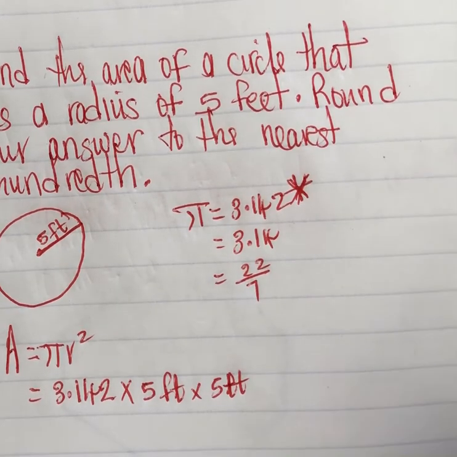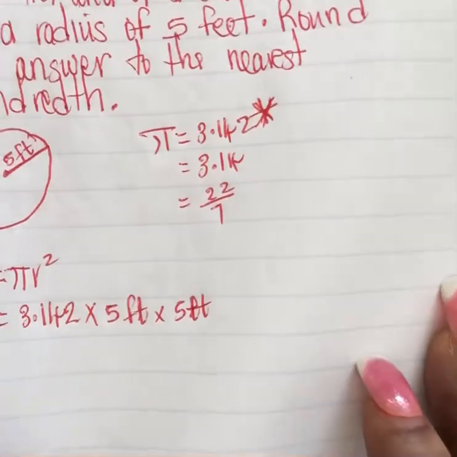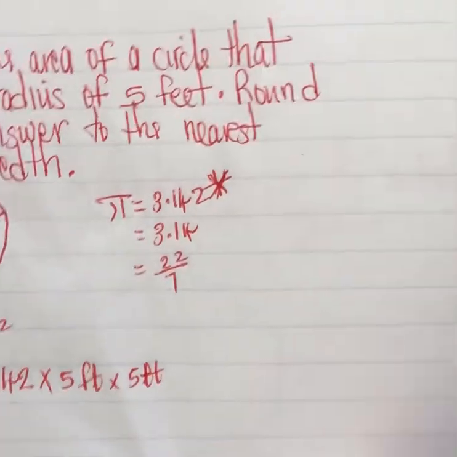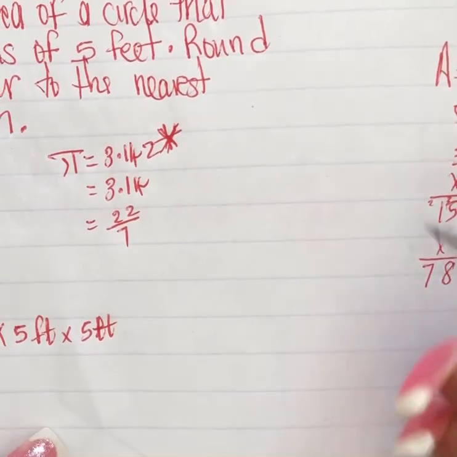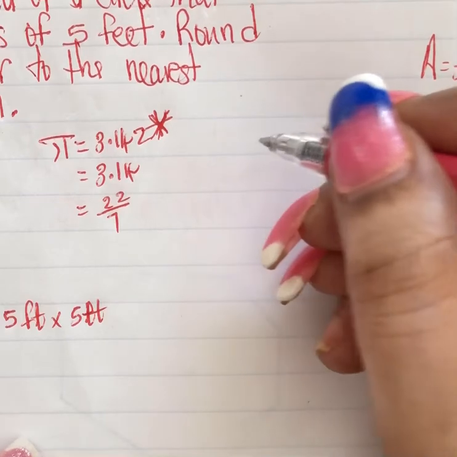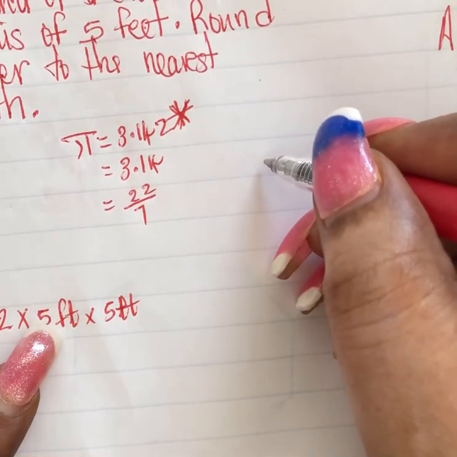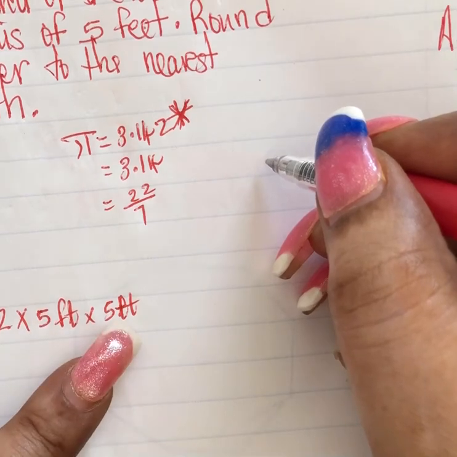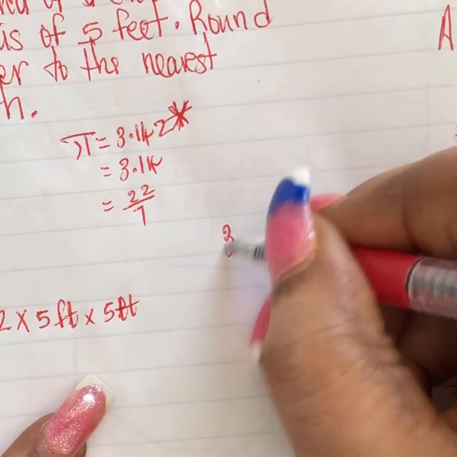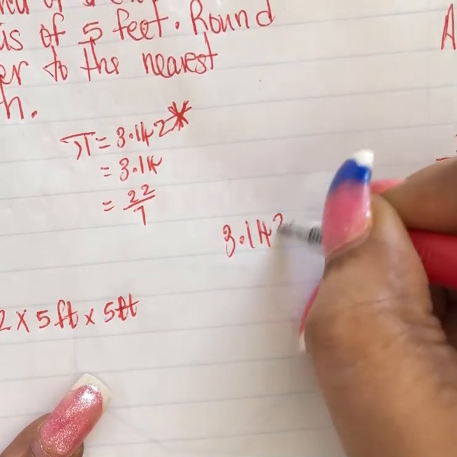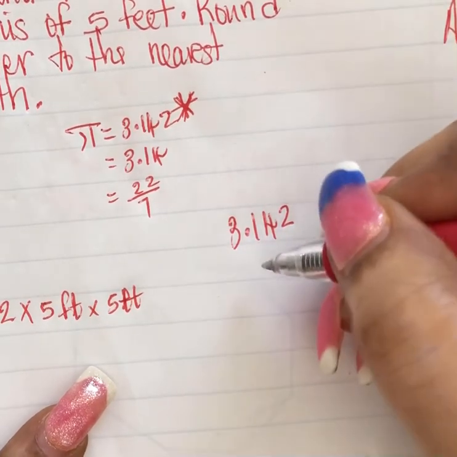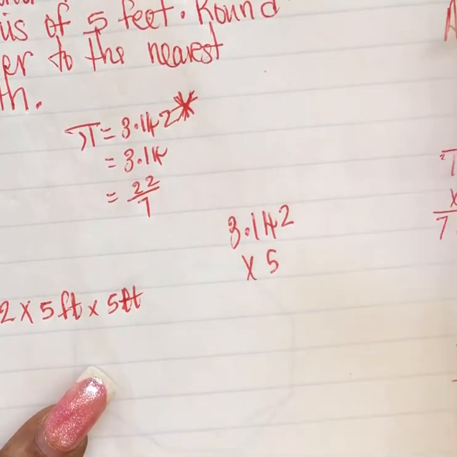Okay? And I'm going to simplify in this way. I'm going to multiply 3.142 by 5, and then I will multiply by 5 again. 3.142 multiplied by 5.